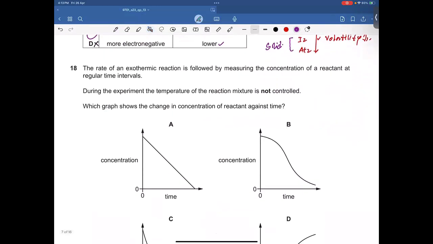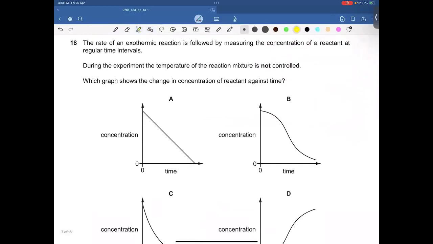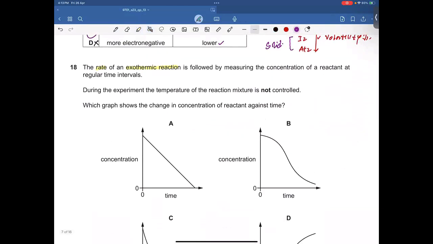Question number 18. The rate of an exothermic reaction. So if the reaction is exothermic, energy releases.